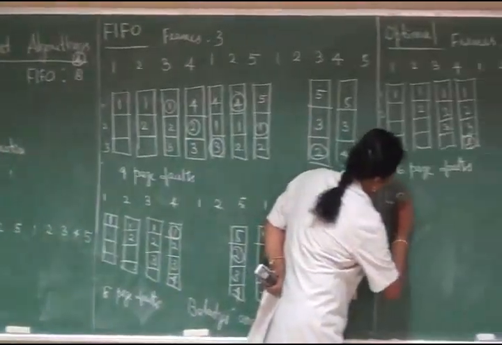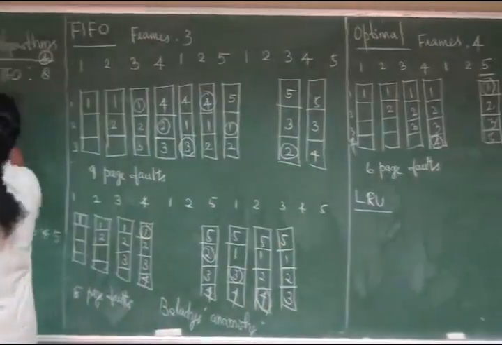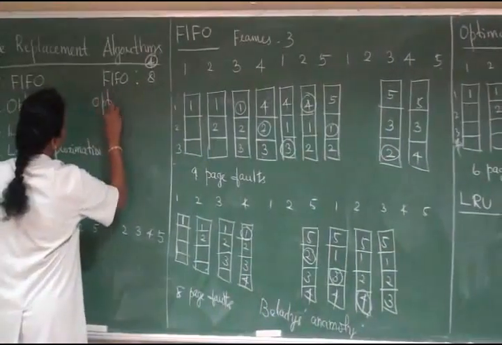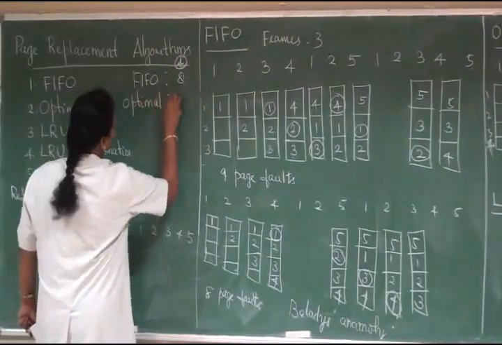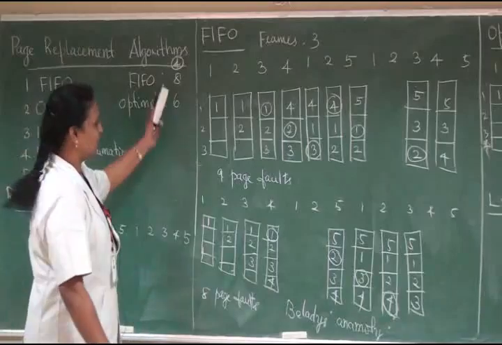For the optimal algorithm, the number of page faults arrived as 6 for 4 frames.